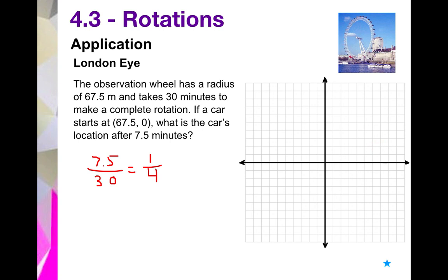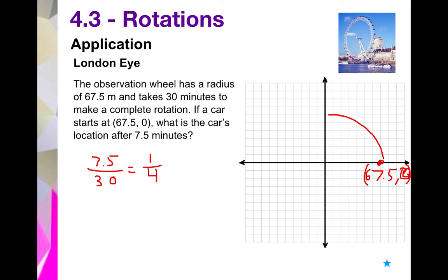So if I start out here, and we'll call this point 67.5, 0, then if it goes 1/4 around, it's going to go 90 degrees.